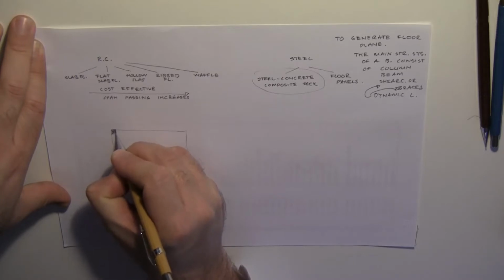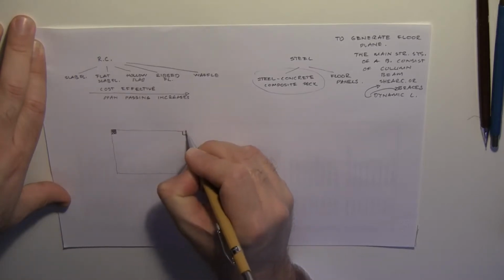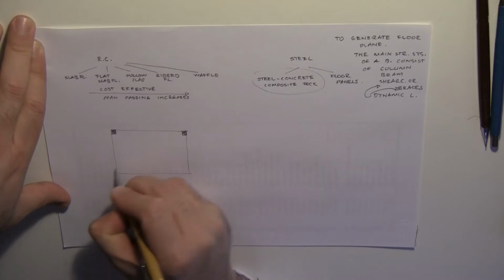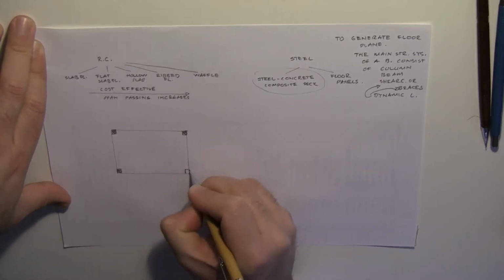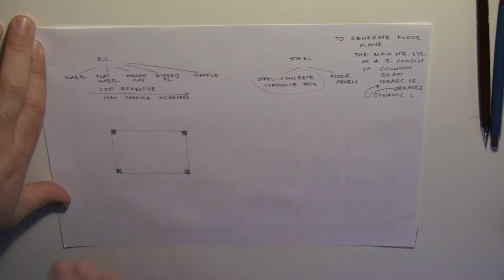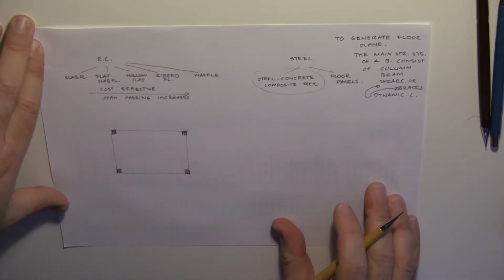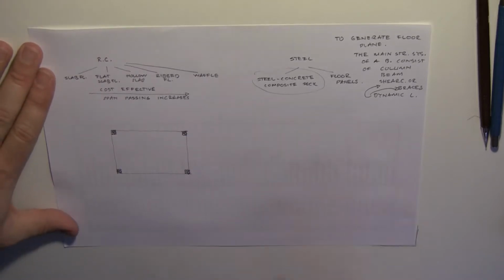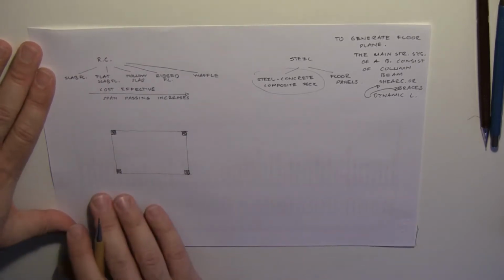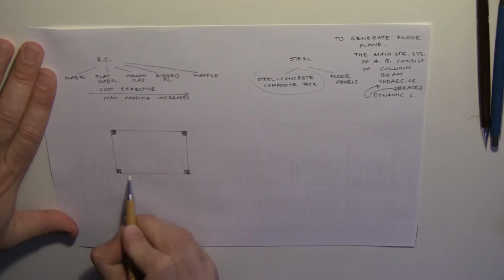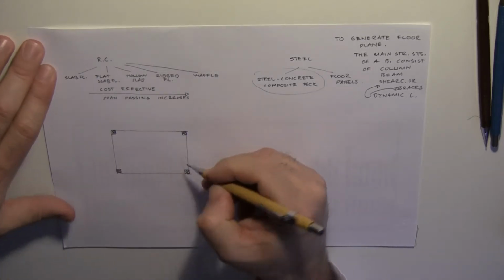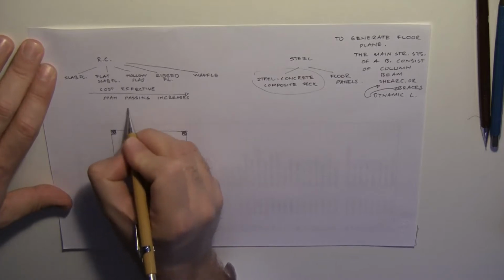So we have the first column here, the second column here, the third column here, and the final column there. Until the end of this video we are going to use this plan sheet as our building. Four columns in four corners, and the borders of the floor are represented with these single lines.